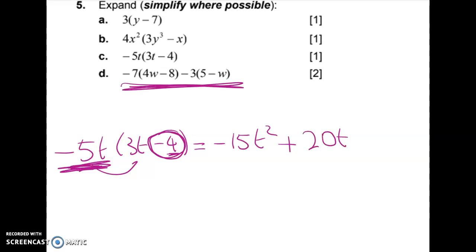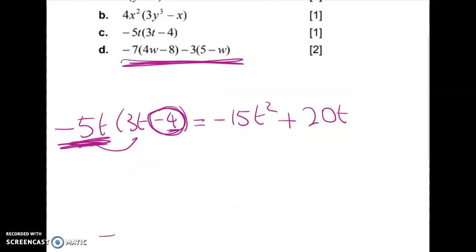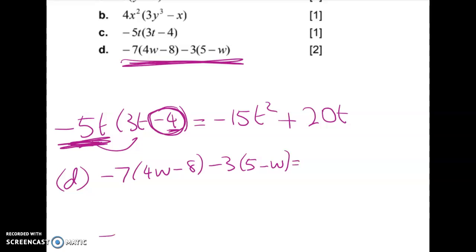The last one has got a couple of bits in it that we have to put together slowly. So let's start by writing it out. Write out this. Now we start expanding. So this bit gives me negative 28w plus 56 minus 15 here.